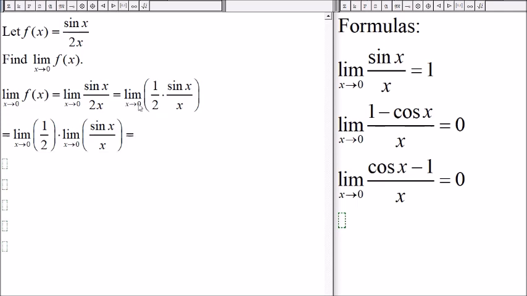So once again, the limit of a product is just the product of limits. The limit of a constant is just the constant. And then the limit of sine of x divided by x as x approaches 0 is 1. So the answer is 1/2.